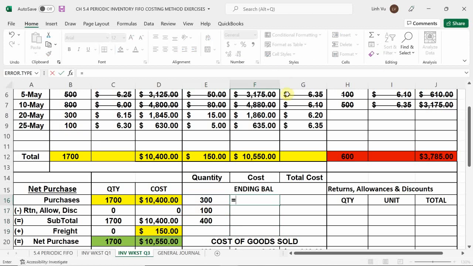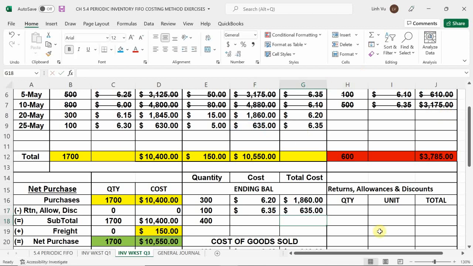If I know that my 300 batch is costing me $6.20 per item, that's going to be a total of $18.60, whereas my 100 items is currently $1.35, which will give me $635.